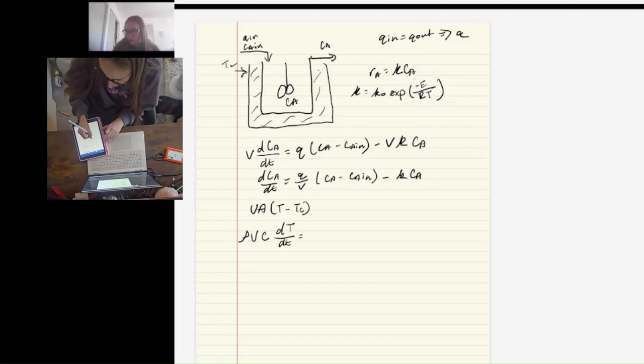The temperature that is in our tank is rho times our heat capacity, and the heat transfer is coming in, but it also is affected by our flow rate, right?